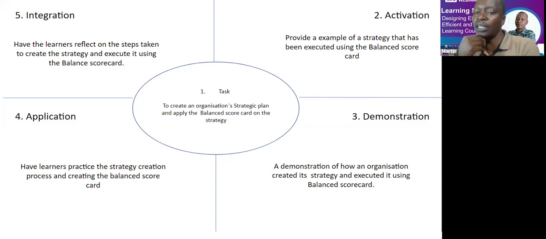The demonstration was of how an organization had created its balanced scorecard, created its strategy, and then executed it using the balanced scorecard. Then for the application, we would have the learners practice the strategy creation process and create the balanced scorecard. Then for the integration, we would have the learners reflect on the steps taken to create the strategy and execute it using the balanced scorecard.